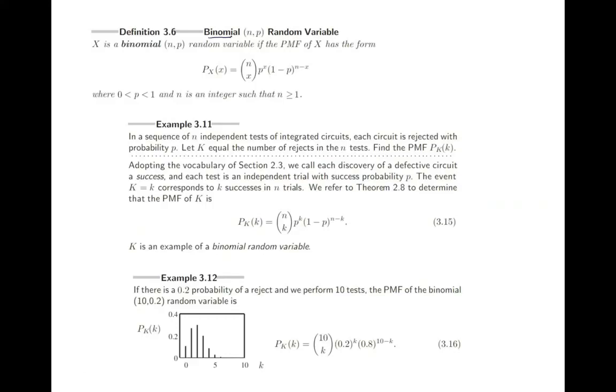Binomial random variable. This is another common random variable that we see. Here, for any x, if it is a binomial random variable with parameters n and p, the PMF is given by this expression: P_X of x is n choose x, out of n.